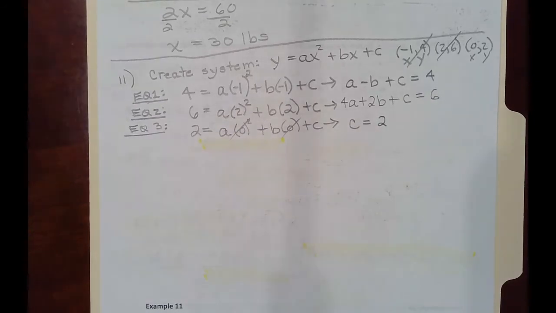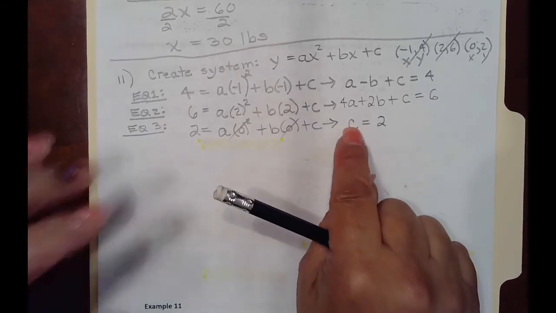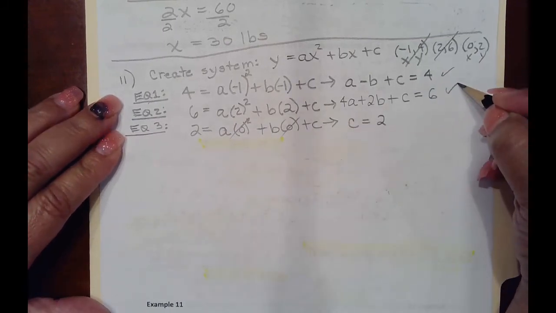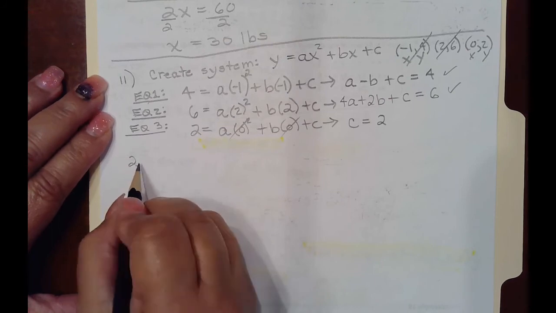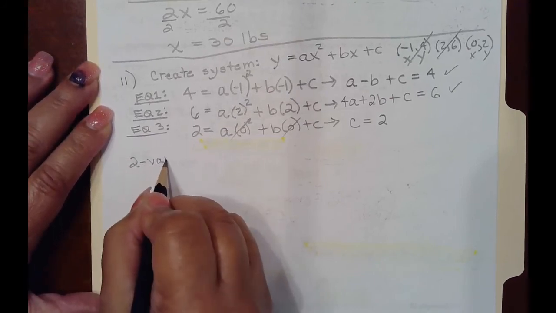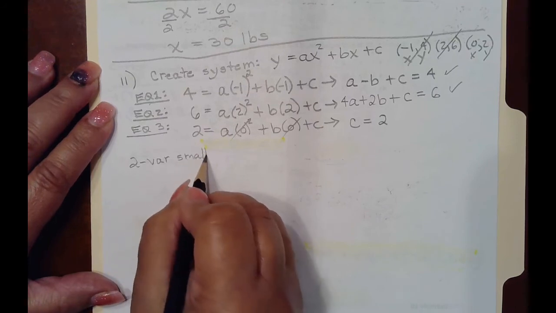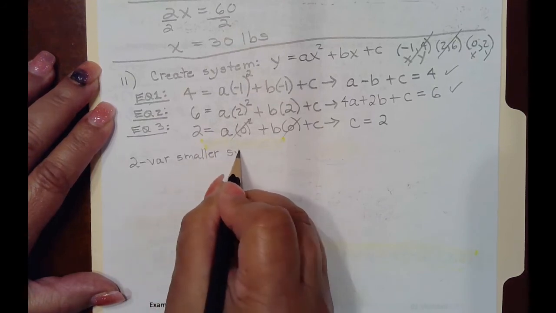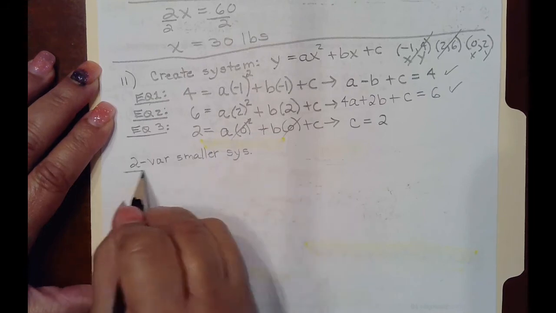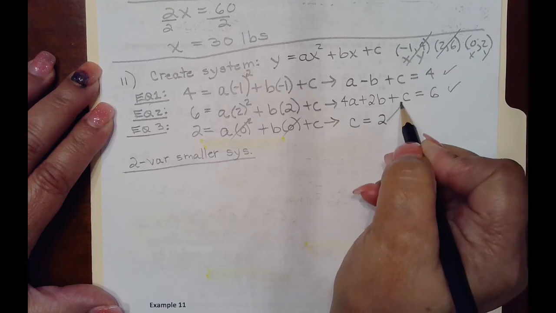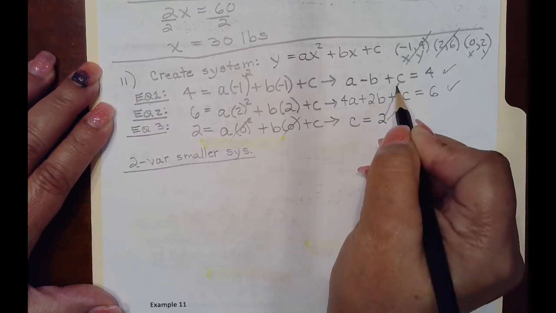So that being the case, we can create a smaller system, because it looks like it's 3 variables, but already knowing one of the variables will help us take both of these equations down to 2 variables. So going into a 2 variable smaller system by back substituting this 2 in for this and this.